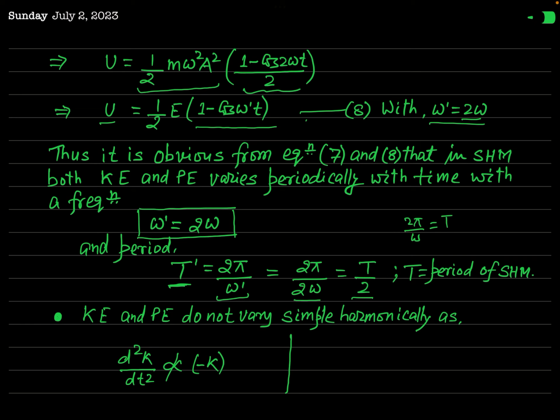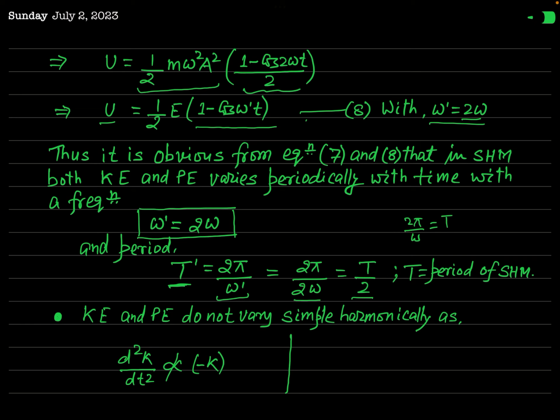But now I am going to explain how we can say that during simple harmonic motion the kinetic and potential energy of an oscillator varies periodically with time, but this variation is not simple harmonic. How can we say this? Now I am going to explain this fact.